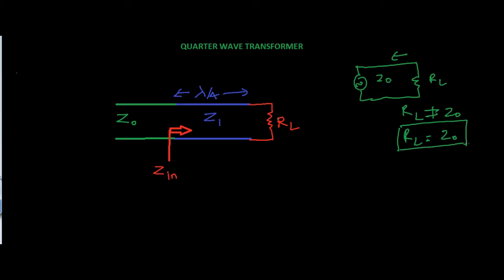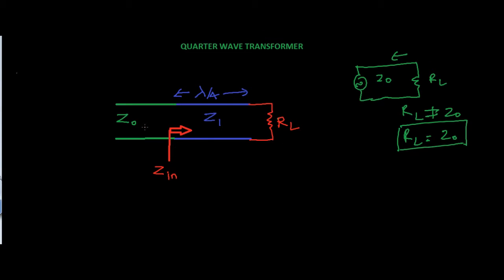In all cases, it may not be practically possible to match the load resistance with the characteristic impedance of the transmitter. So there are several schemes which help us match the load resistance with the characteristic impedance.